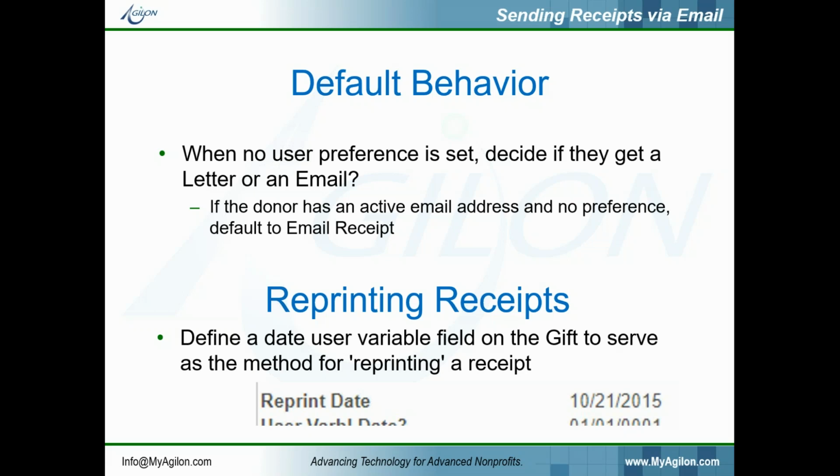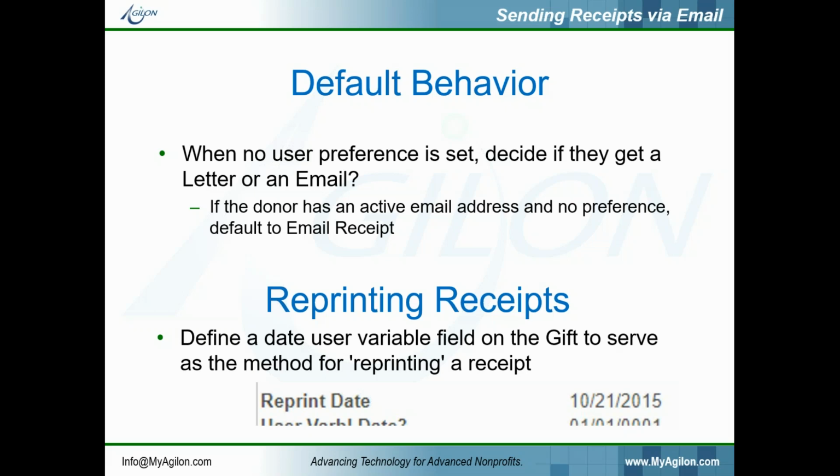No, we never read that email address anymore. Can you please just print our receipt? Make sure you change the preferences on the donor to sending a letter, and then include that gift in the reprint process, and it would just get picked up in those daily receipts that are going to be printed. So what I generally recommend people do is to set up a date user variable field on the gift and label it something like reprint date.